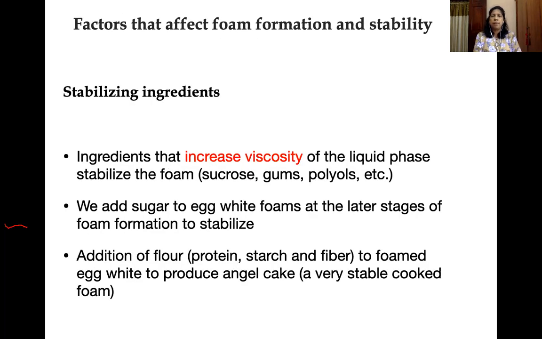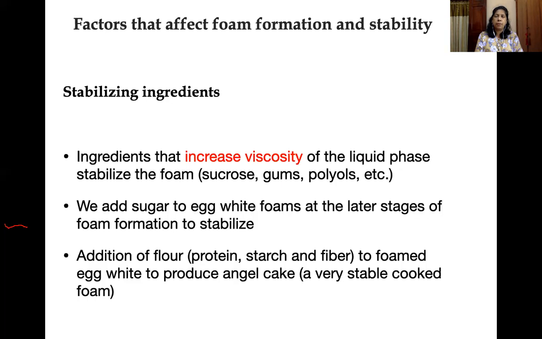And there are some stabilizing ingredients we can use, as I showed you in the other picture. If you put some sugars or carbohydrates, definitely that increases the viscosity, and it also goes to the interface and supports making a protein-carbohydrate or polysaccharide linkage, and then it supports making a stable foam.